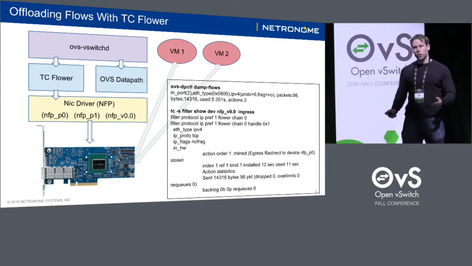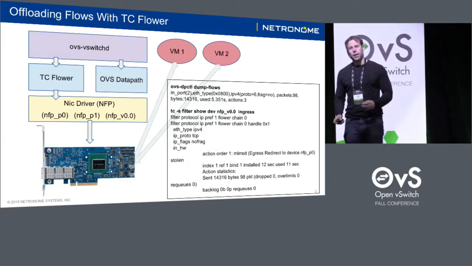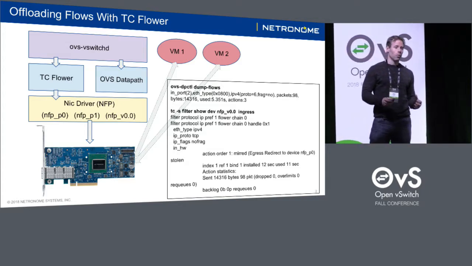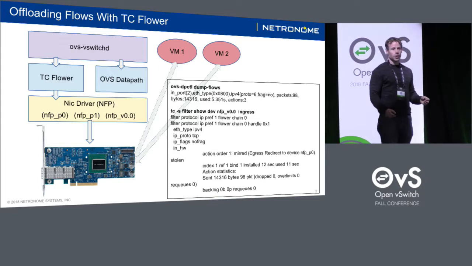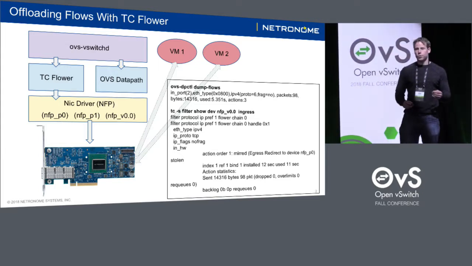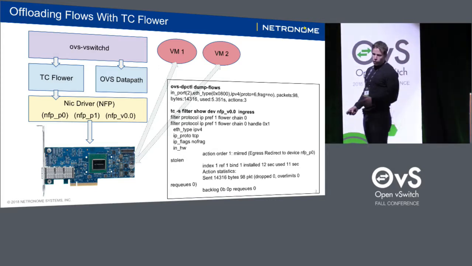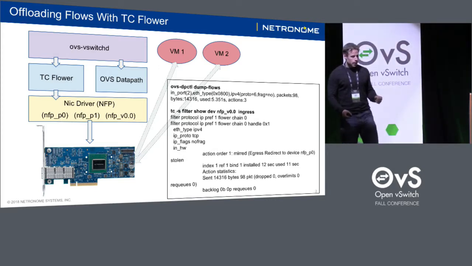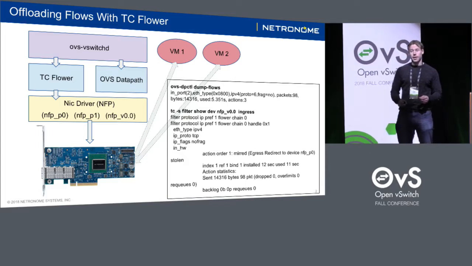TC is the traffic control subsystem within Linux, and it works on the idea that you apply what they term a qdisc to a given netdev or port. To this qdisc, you can then apply traffic shaping algorithms, congestion control algorithms, but you can also apply filters. The filters that we apply here are called TC flower.